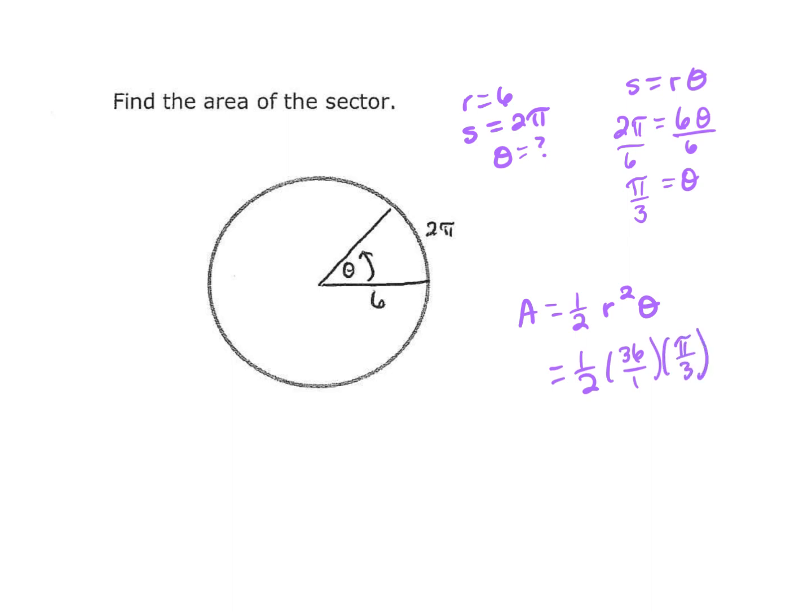So 36 pi over 6, in other words, we get 6 pi. There's no units given, so let's just put units squared to help us remember we need squared units. And that is approximately 18.85 units squared. Okay.